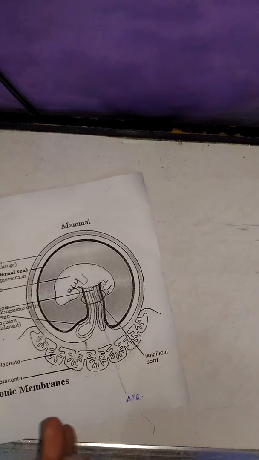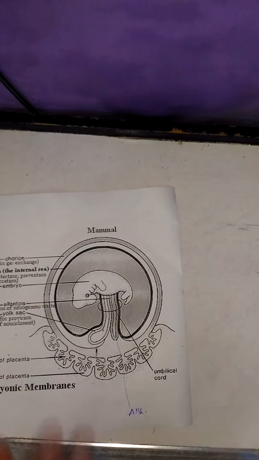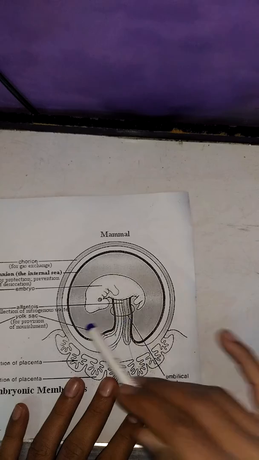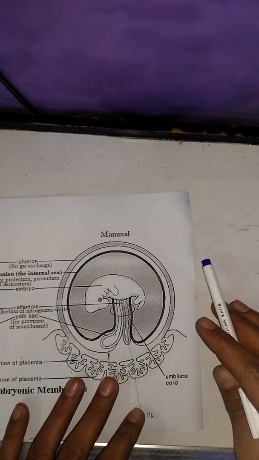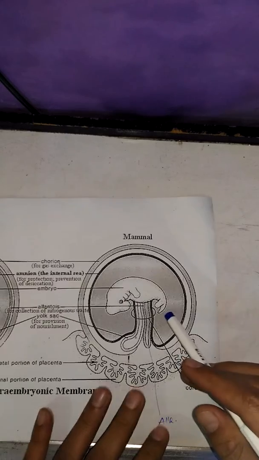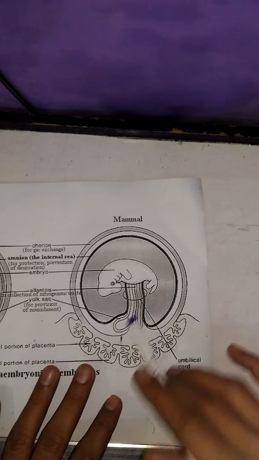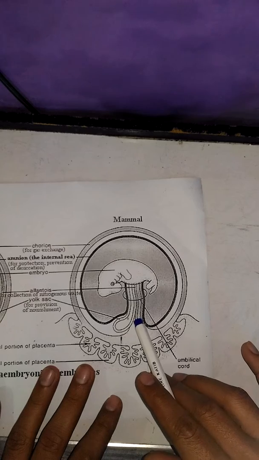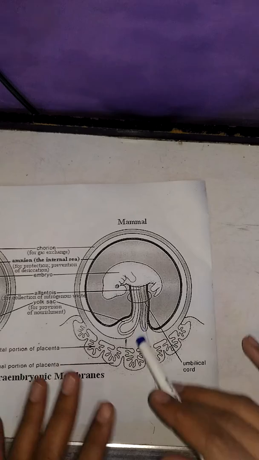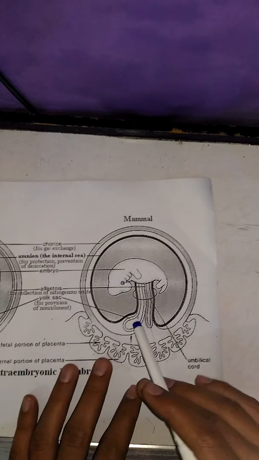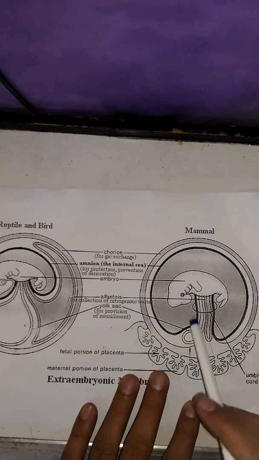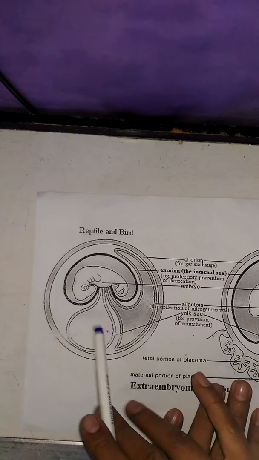Now let's move to the mammal. In mammals, the bigger sac around the embryo is the amniotic sac, because the other sacs are present but smaller in size, collapsed. As we can see here, this is the yolk sac, but it is much smaller than this one.